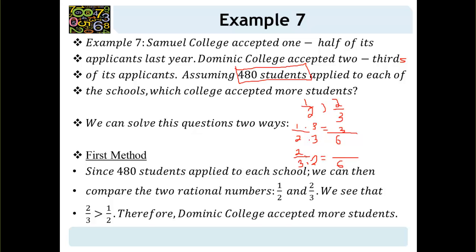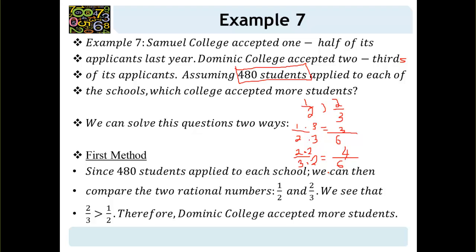Whatever you do to the denominator, you have to do to the numerator. So 2 times 2 gives you what? 4. So 4 out of 6 is the equivalent fraction of 2 out of 3.